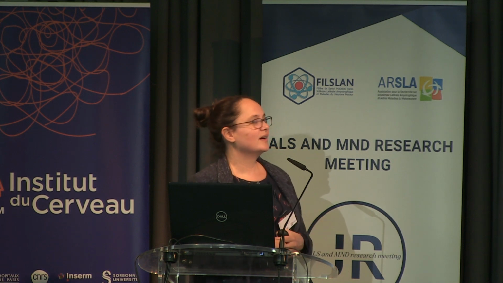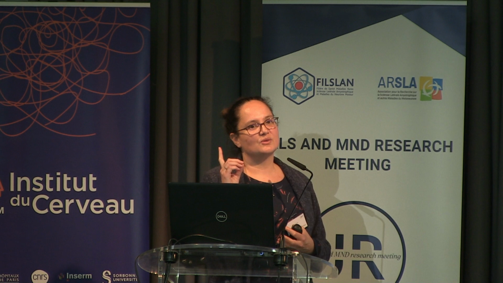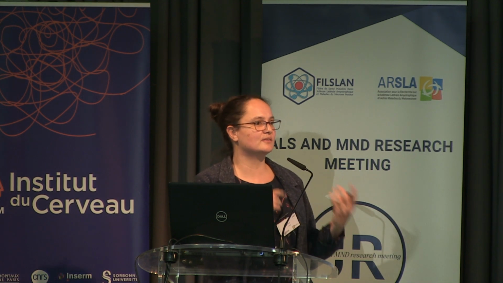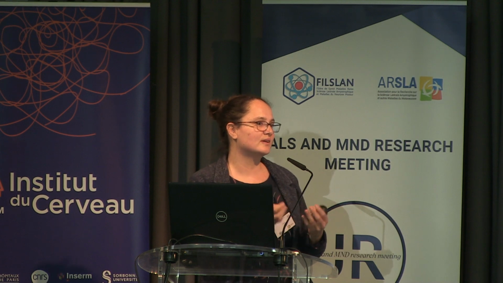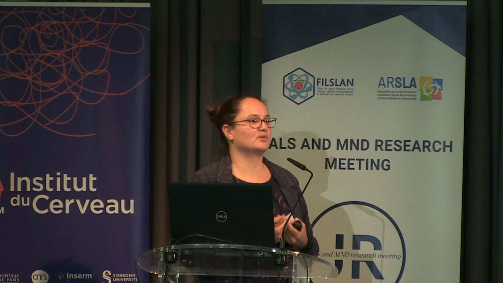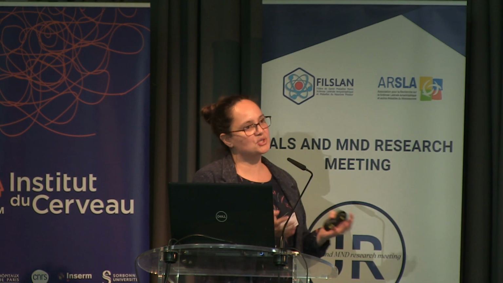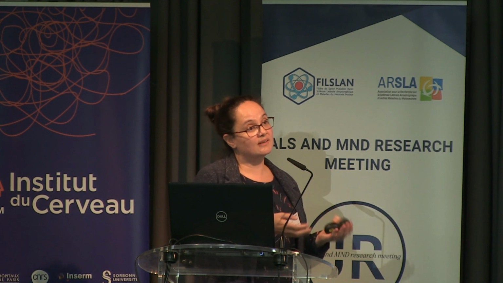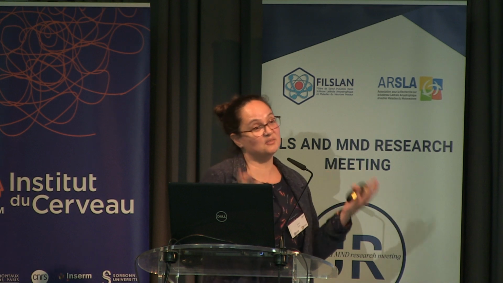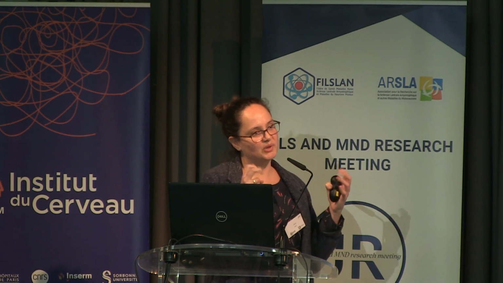But I guess that we will also get some information about the sex, the age of the patient, and so on. It will probably be more relevant, but for the moment, we work only in a blind condition. We only know if it's a healthy individual or a patient suffering from ALS.